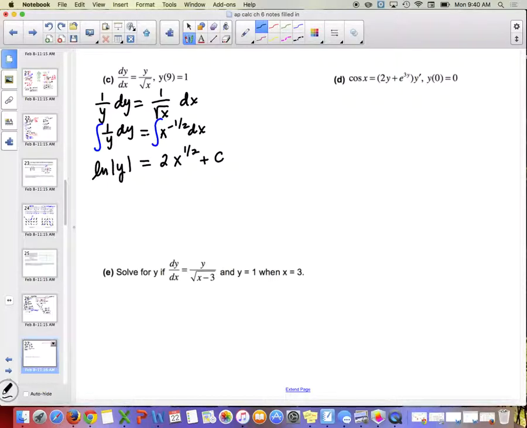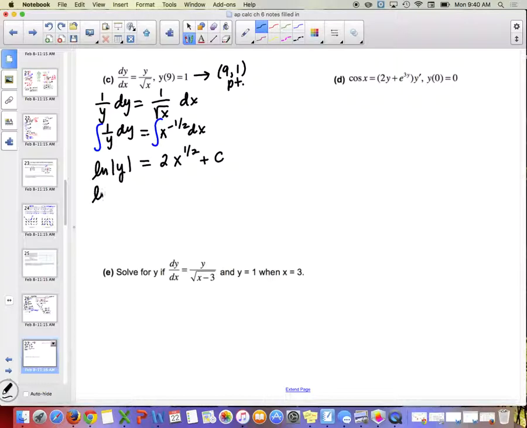Okay. So this is the point where we have a c in our equation. As soon as you have that c, find what c is. You could do a bunch of work to solve for y, but it's going to get really complicated. It's easier if you just find c now. So this is the point, 9 for x, 1 for y, right? That's our point.